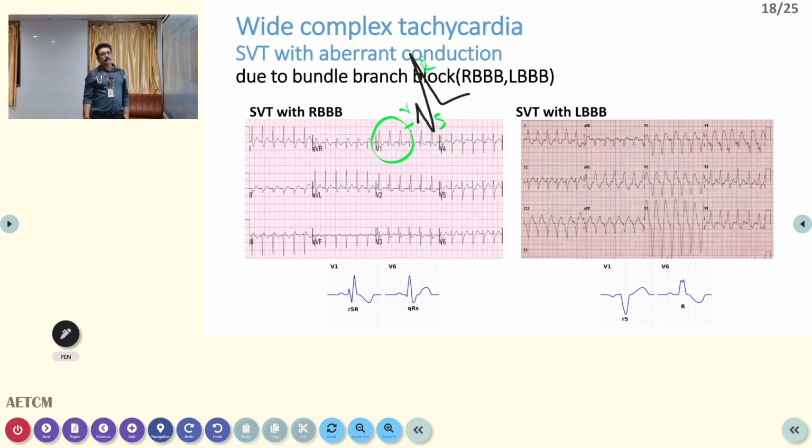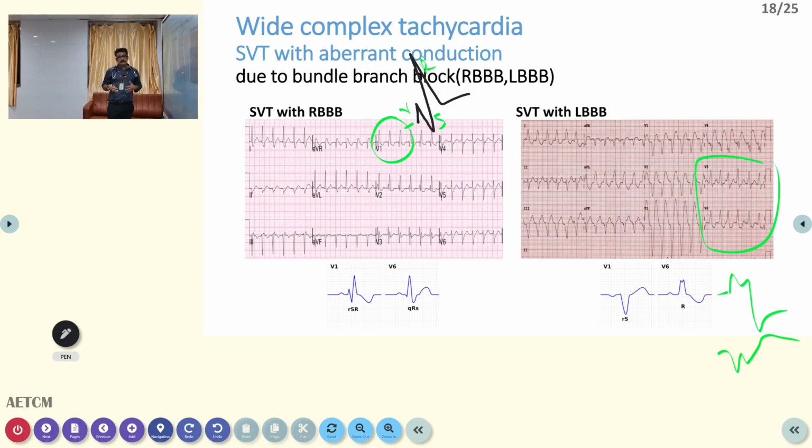Whereas in LBBB, you can get wide QRS complexes in V5, V6, and the QRS complex can be an M pattern or a W pattern. Whatever it is, wide QRS complexes can be due to RBBB, LBBB, or WPW syndrome. If it is due to RBBB or LBBB, you can use the same drugs which we use for supraventricular tachycardia.